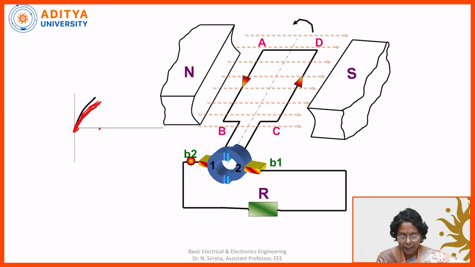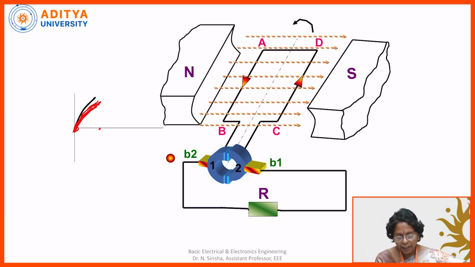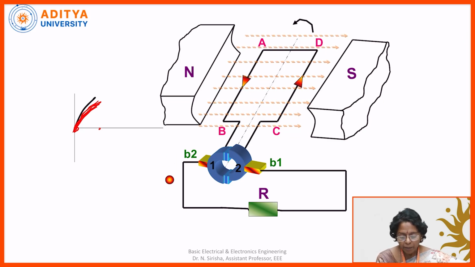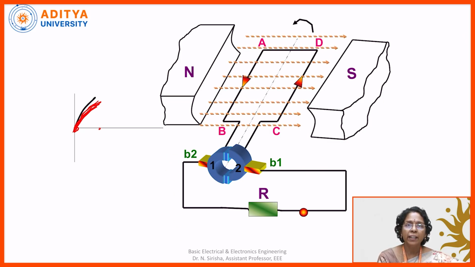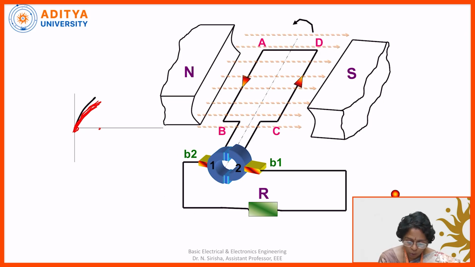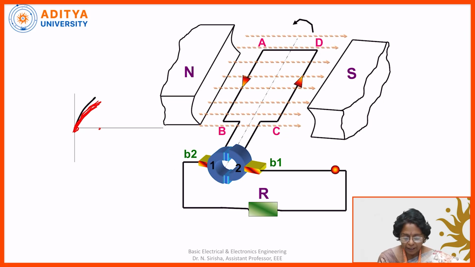Here at 90 degrees, maximum flux is cut by the armature conductors. This rectangular coil cuts the maximum flux at 90 degrees. Therefore, at 90 degrees, maximum EMF is induced. Since the circuit is closed with slip rings and brushes, the current flows through the conductor. The current flows through the resistance.